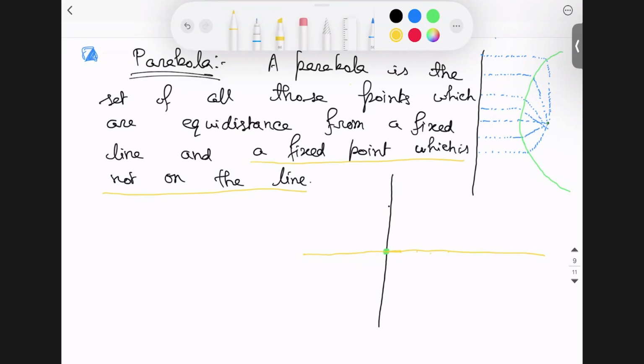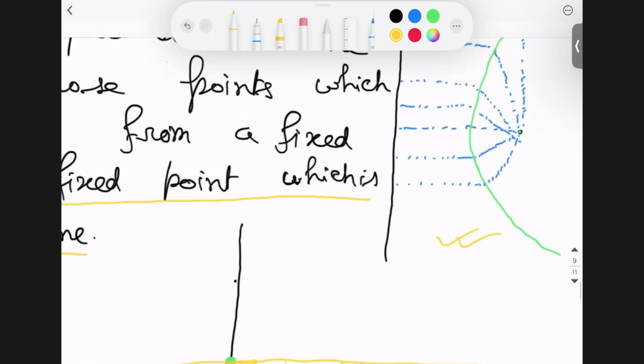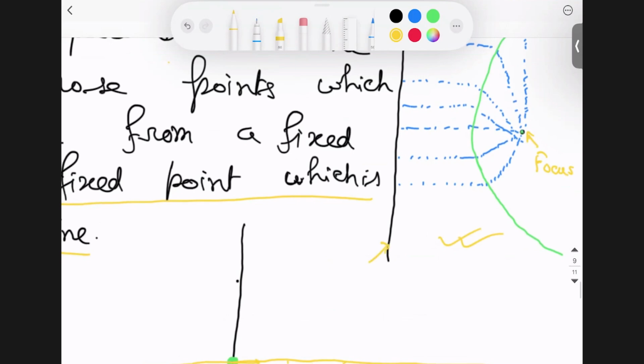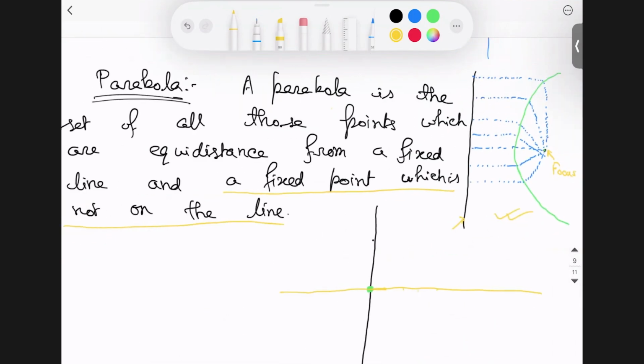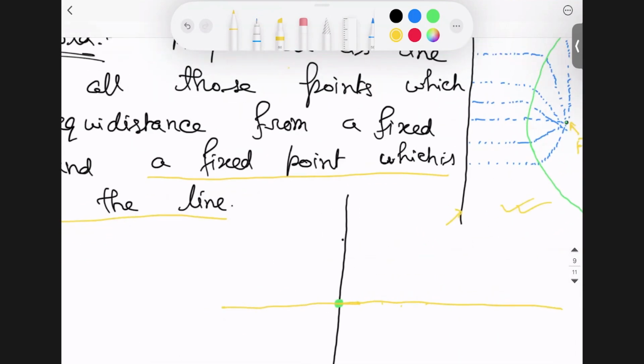So if I consider this case, this is obviously a parabola. In this case, this point is called the focus, and this line is called the directrix.